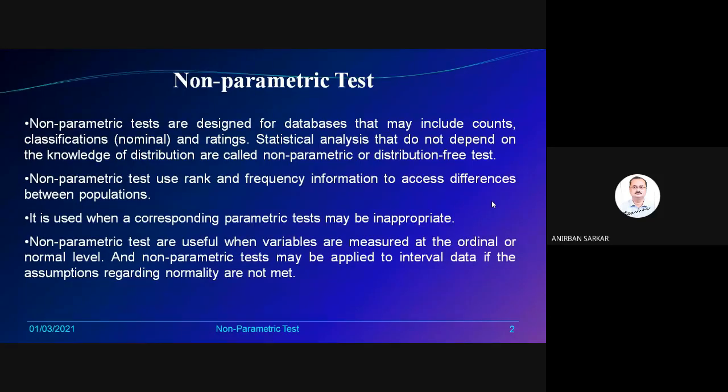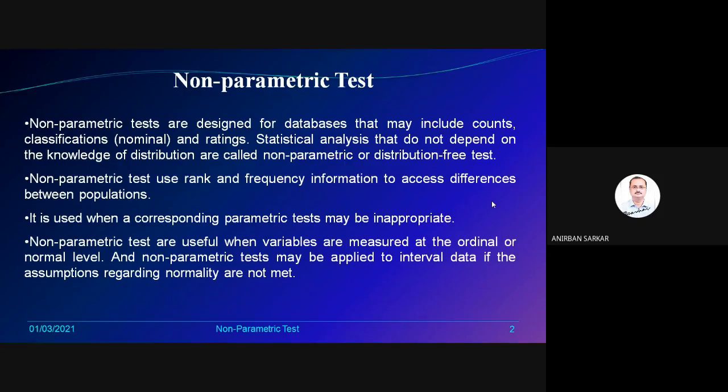So please note that when you are doing analysis on raw data which may follow a distribution, more specifically the normal distribution, you use a parametric test. When you convert the raw data into ranks, order the ranks, and do the analysis on that basis, it is called a distribution free test, a non-parametric test.